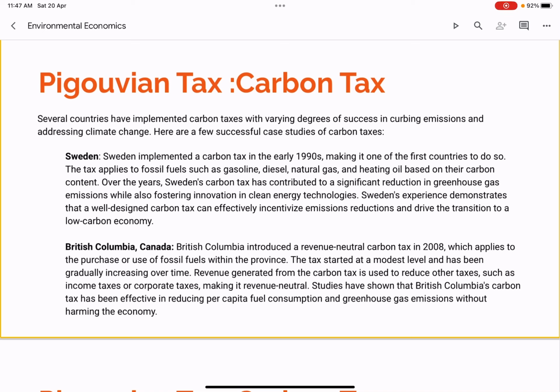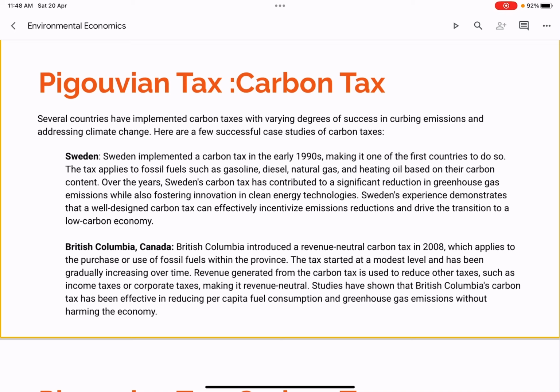Because of this carbon tax, the reports say that this has resulted in a significant reduction in greenhouse gas emissions. It has also encouraged innovation in clean energy technologies, and Sweden's experience, in a way, is showcased as the success of the Pigouvian tax regime.